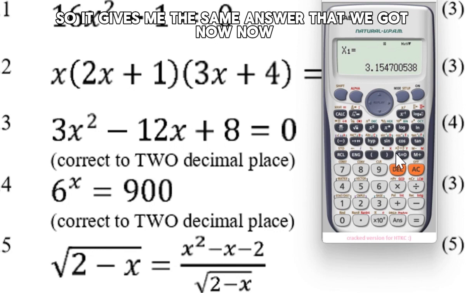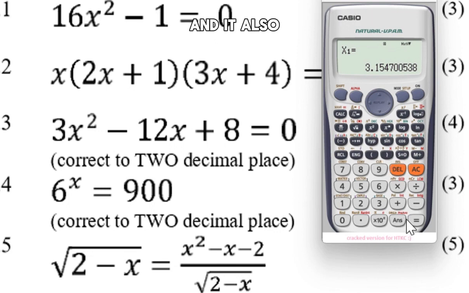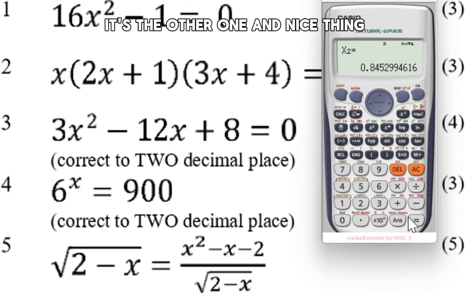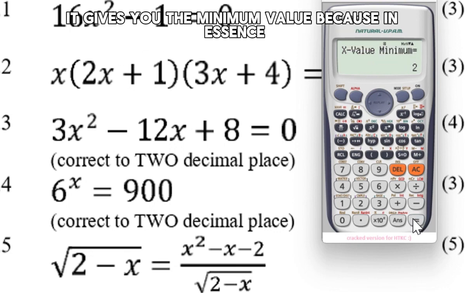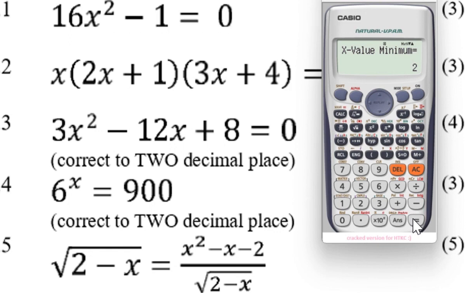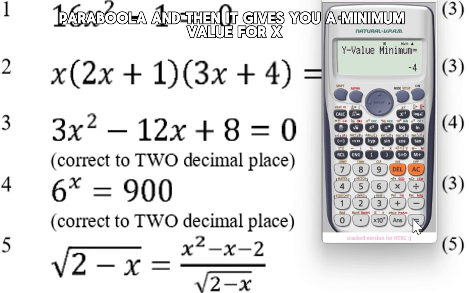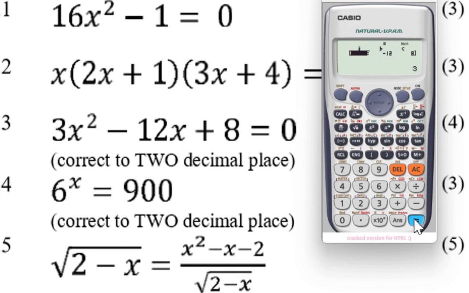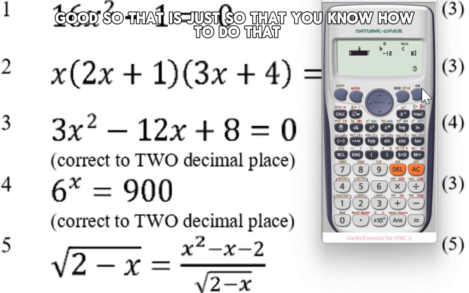It gives me the same answer that we got now. So that's the 2 roots, root 1 and root 2. And the nice thing is it gives you the minimum value, because in essence this is a function. What kind of function is this? Quadratic parabola. And then it gives you a minimum value for x, and your y turning points are also available there. Good. So that's just so that you know how to do that.